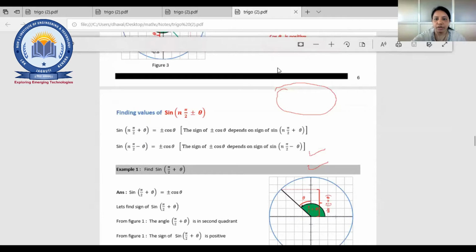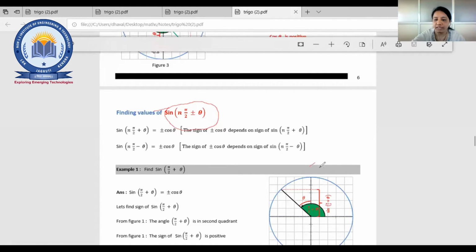The next thing is, what should be the values now? Before that, we said it will be either positive or negative. Now, values of sine and cos for different quadrant values, right? First one is sine of pi by 2 plus or minus theta.